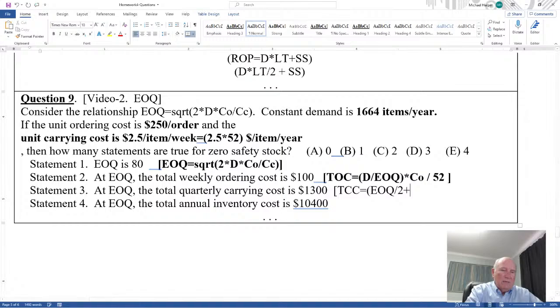I'll go ahead and say plus 0 because there's 0 safety stock, times C sub C. Okay, and the C sub C I would use is the carrying cost per year. And so this right here then would be my total carrying cost per year. If I want to know my total carrying cost per quarter, then I divide that by 4. And that's all you do.